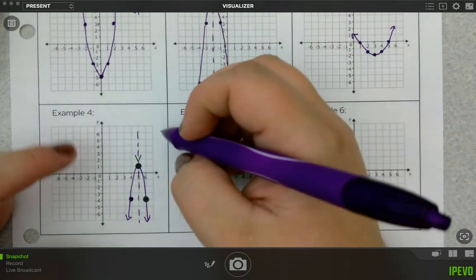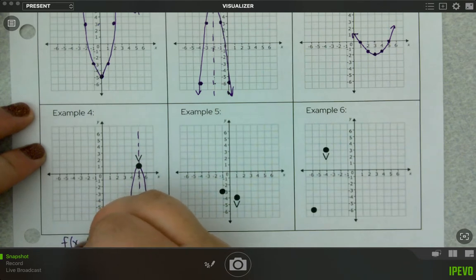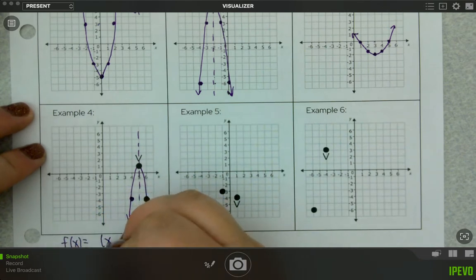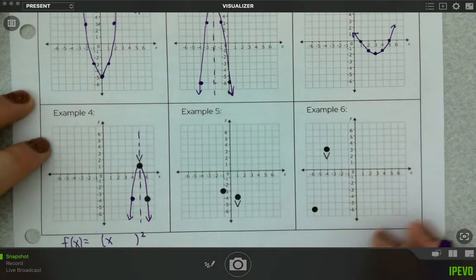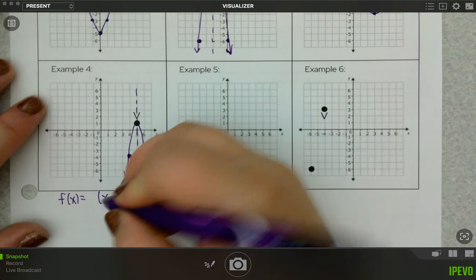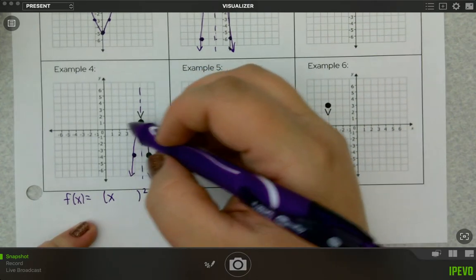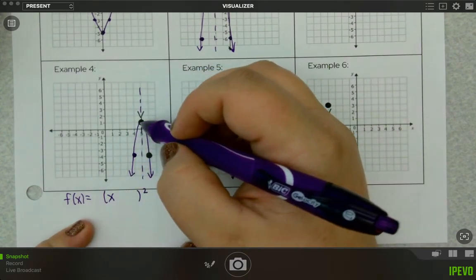And basically, the first thing you're going to do is set up your equation. Like this. Because that's how all of these vertex forms start. You got to have the parentheses with x on the inside and the squared afterward. Then you're going to look at the vertex and decide how has it been moved.